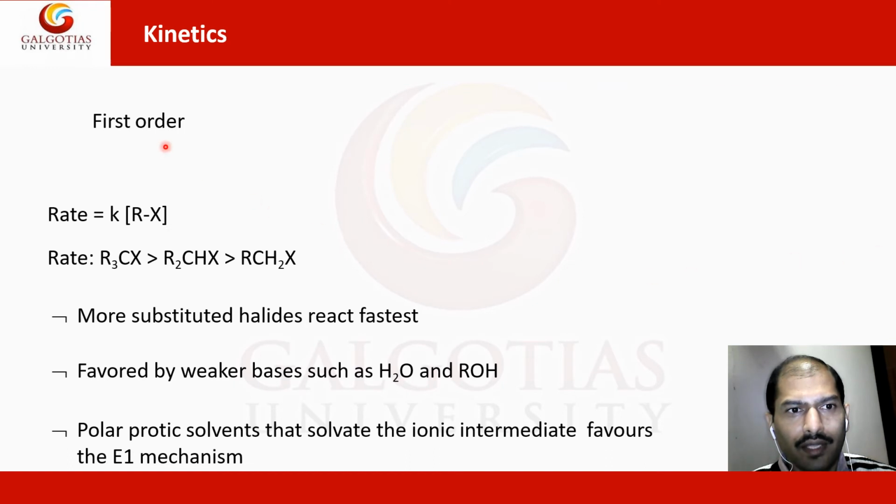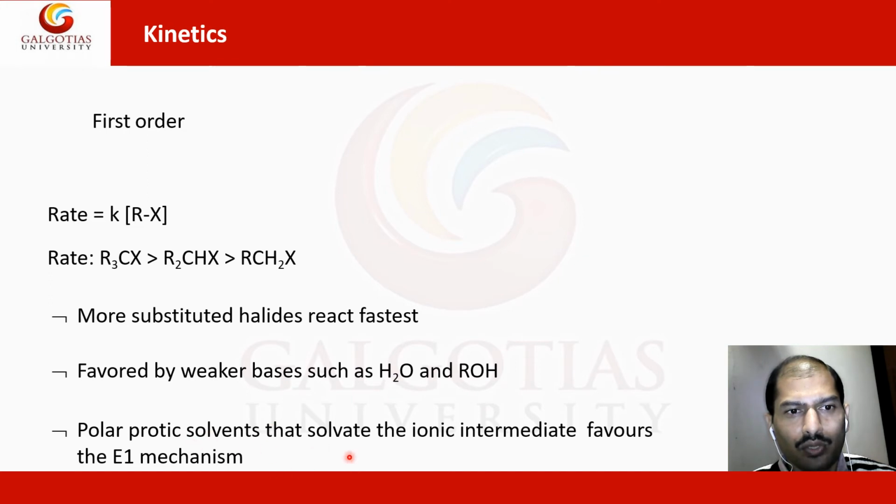So kinetically, if you see, this depends upon the concentration of the substrate, and more substituted halides react fastest, favored by weaker bases like water and alcohol, simple alcohol like methyl alcohol.